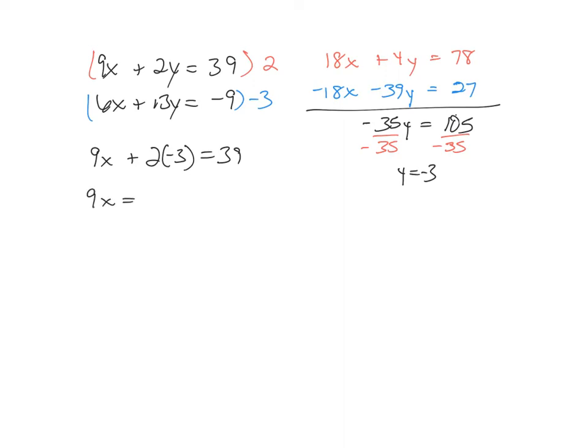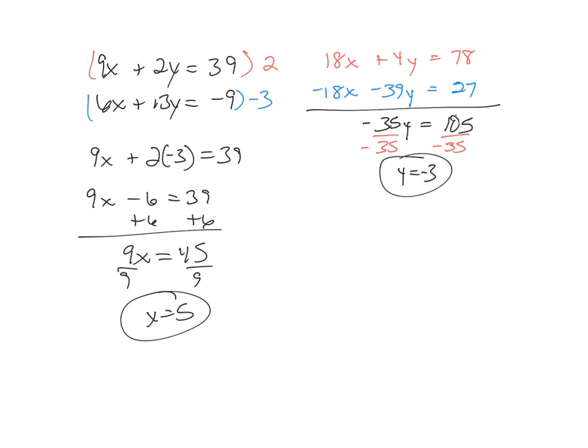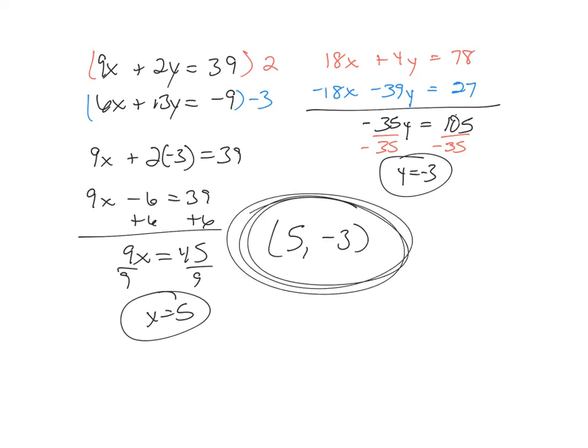Oops. 2 times negative 3 is negative 6. Divided by 9. Okay, so there's my two numbers to combine for my coordinate where the lines cross.